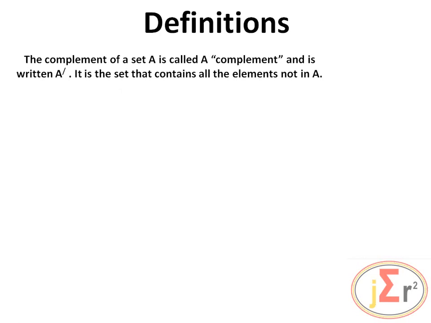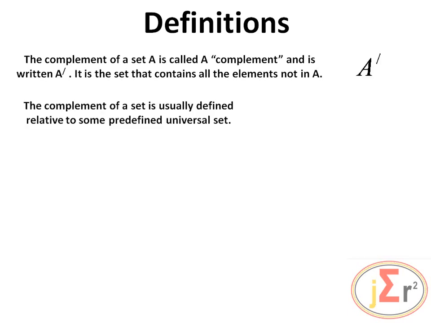And of course, if we should define all the elements that are not in a particular set, we will have to count everything in the world, and the complement of a set is indefinitely and ridiculously large. However, the complement of a set is usually defined relative to some predefined universal set.